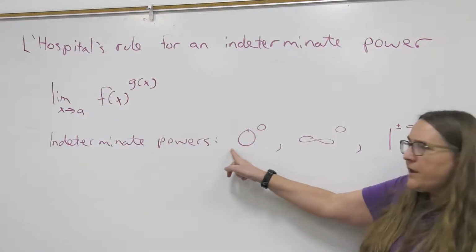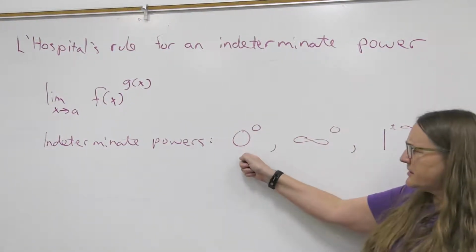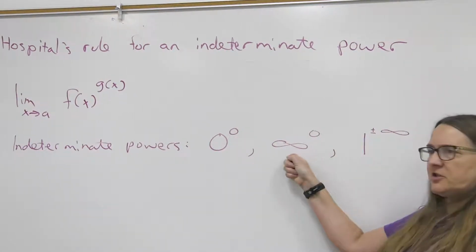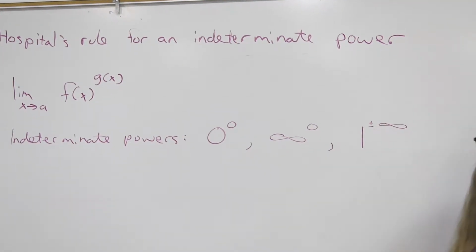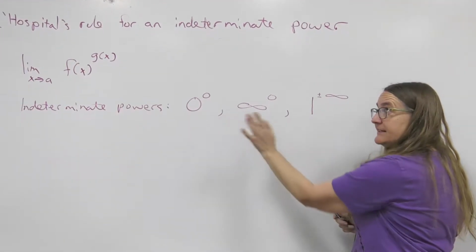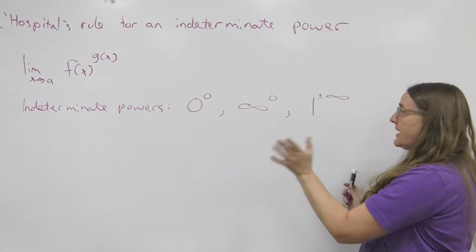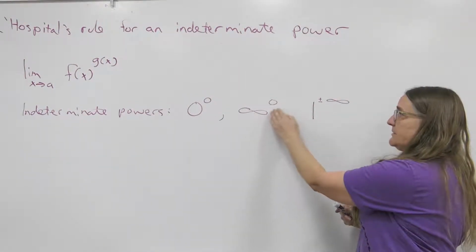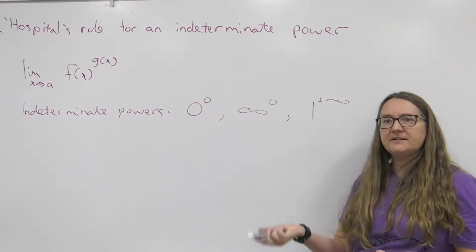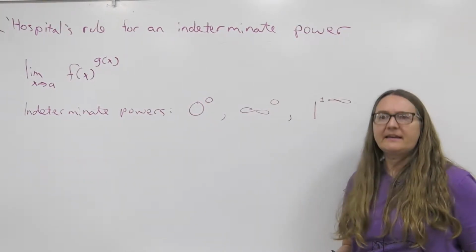Now, with all of this, 0 to the 0 I can actually legally write. These two expressions that have infinities in them, I'm never going to say that anything is equal to them. I've labeled them clearly as indeterminate powers. It's totally fine to say I've got an indeterminate power of this type, infinity to the 0. It's never okay to say that something is equal to infinity to the 0, because that doesn't mean anything.